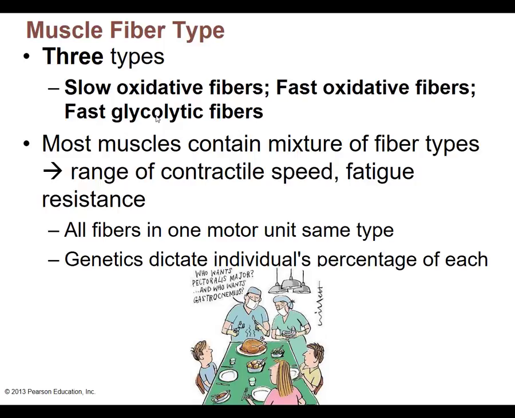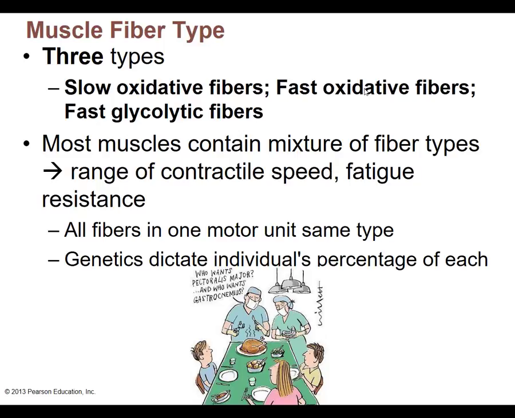So you have your basic red, lots of oxygen-binding pigment, and white, very little oxygen-binding pigment. Fast oxidative is right there in the middle. It has some intermediate characteristics. Yes, it can contract quickly, but it also uses oxygen. So it still has lots of myoglobin because it still needs to hold lots and lots of oxygen, but it's right there in the middle.